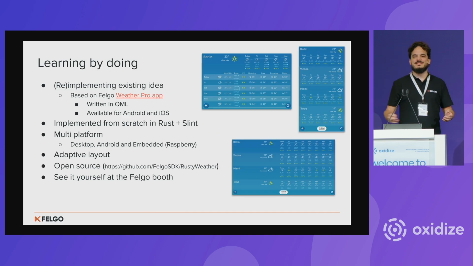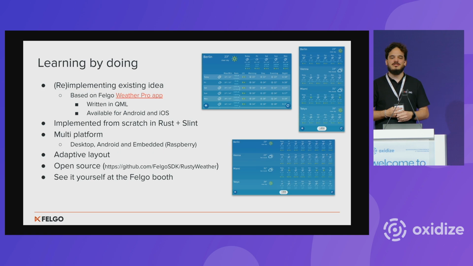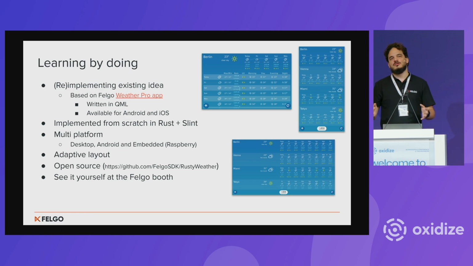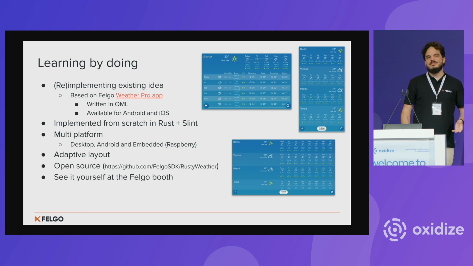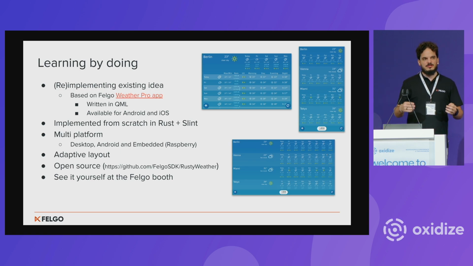So we did this by learning by doing. So we actually implemented a demo application that you can see at the Felgo booth. It's a weather application and home automation UI. By implementing an existing idea, there is a weather application written in QML with Felgo SDK as well, available for Android and iOS. And we re-implemented all of this from scratch using Rust and Slint.